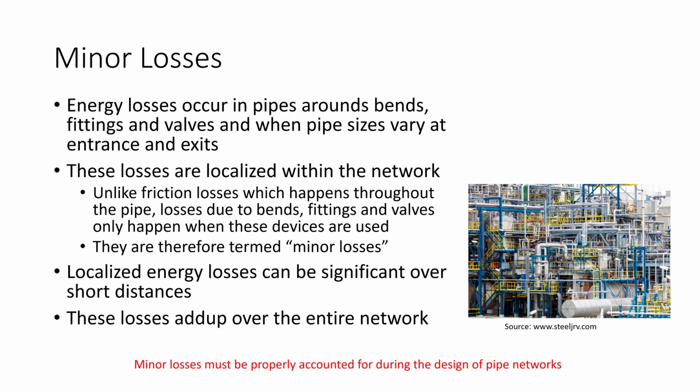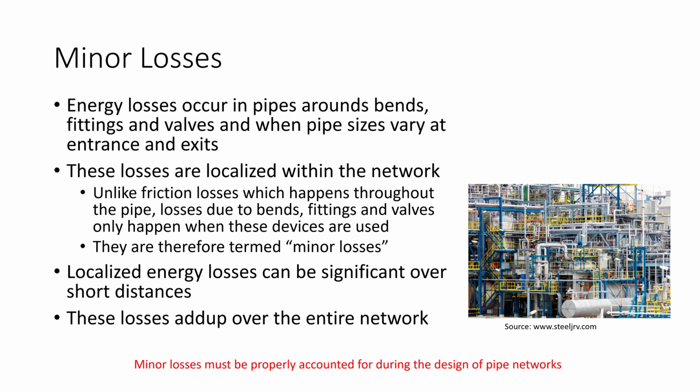All these losses are called minor losses. They're called minor losses because friction losses always happen in a pipe, but minor losses only happen when there is a bend, fitting, or change in pipe configuration. As these losses are localized within the network, they are often termed minor losses.